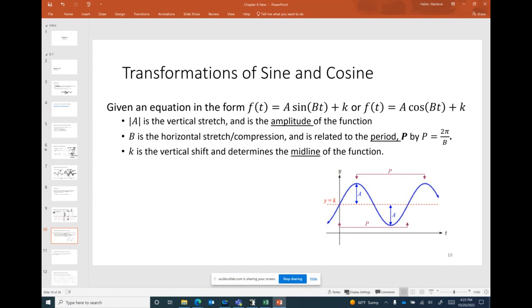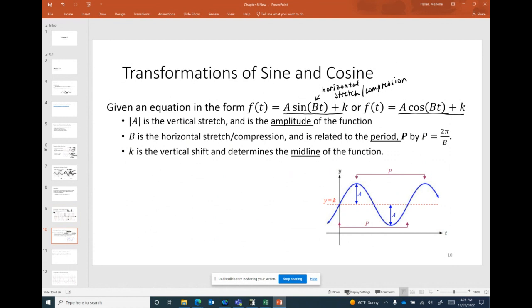So if we look at a standard form for the sine and the cosine function, we could say it would be a times sine of bt plus k, or cosine bt plus k, where b is our horizontal stretch or compression. Well, same as with other functions, right? Think back on your transformations.